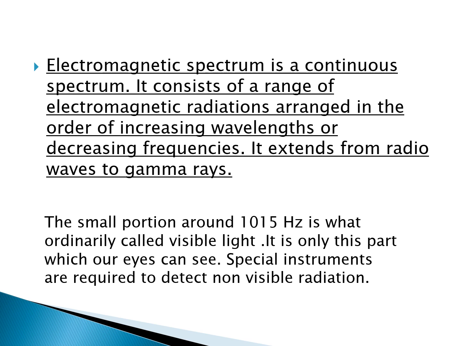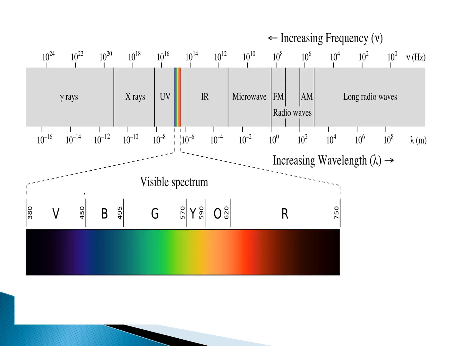It is only this part which our eyes can see. Otherwise, special instruments are required to detect non-visible radiation. You can see the visible spectrum at 10 to the power 15. Gamma rays, X-rays, UV rays, infrared, microwave, FM, AM, we cannot see them, so special instruments are used for that.